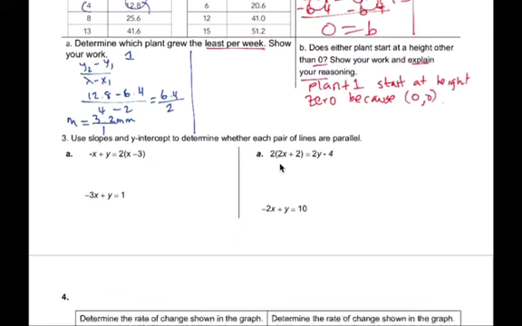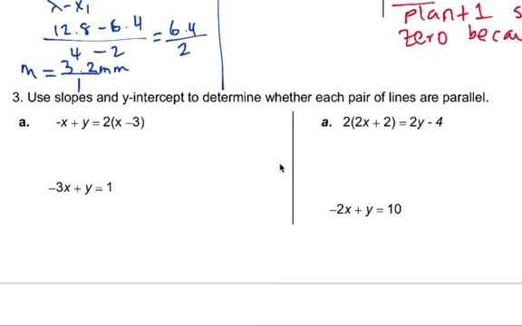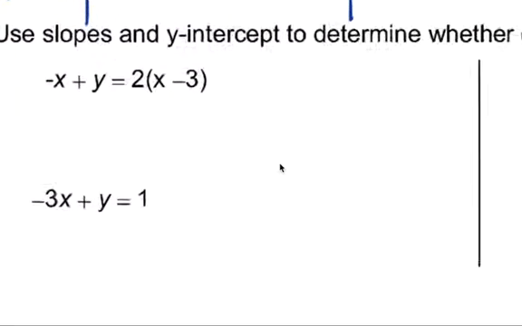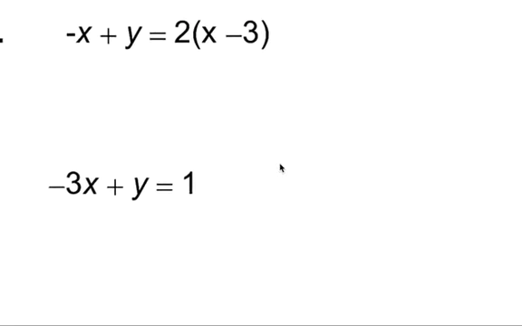Explain down here. Use slope and y-intercept to determine whether each pair of lines is parallel. Parallel lines, the slopes are the same. So we need to find slope. Well, I'll start with the second one because that's the easy one of the two. By adding 3x, right? That gets you 0.